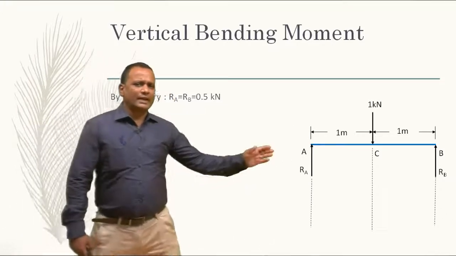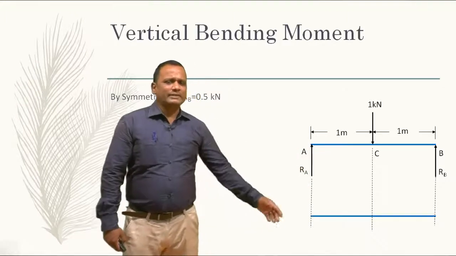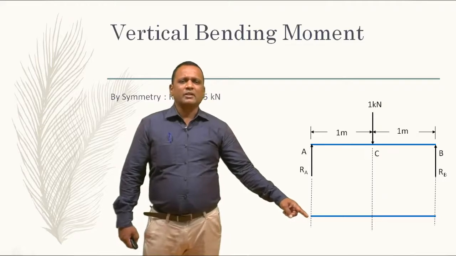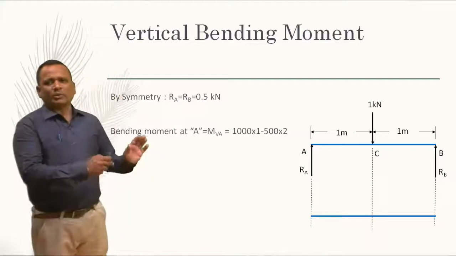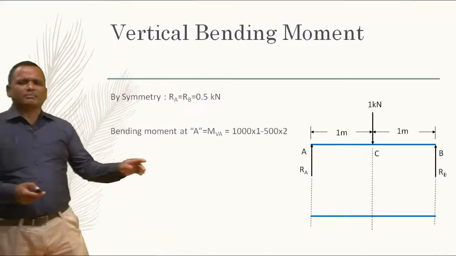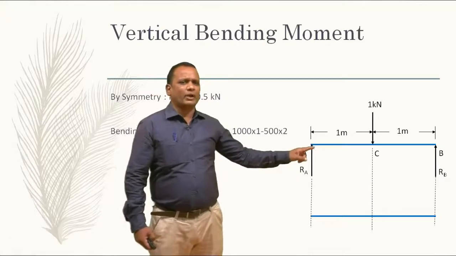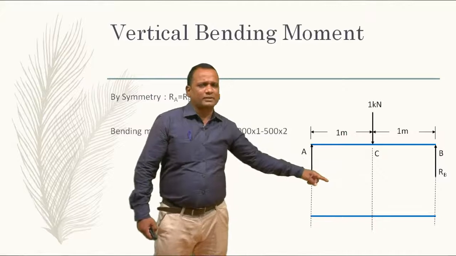Now I draw a reference line at A, B and C. Then, in order to draw the bending moment, I will take one more line which represents the shaft. Now, to calculate the bending moment at point A, I will consider all the forces coming towards clockwise.